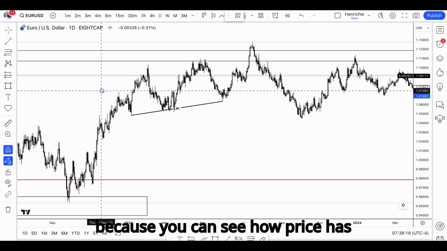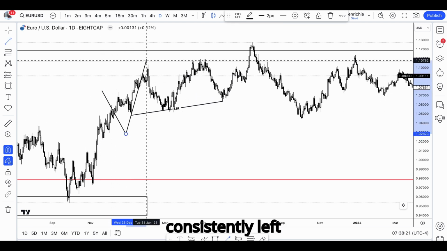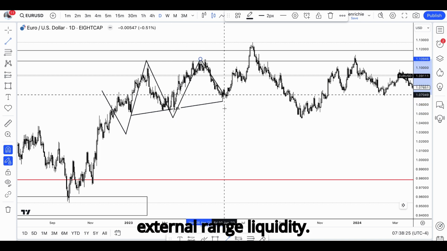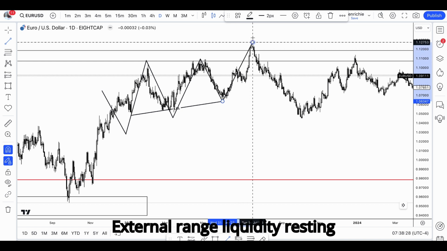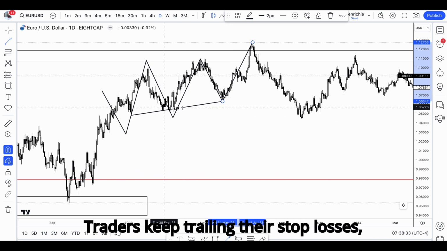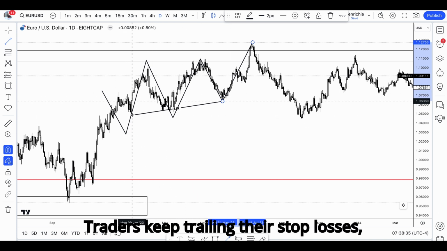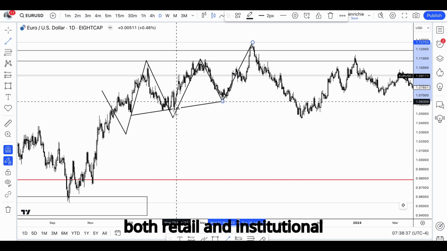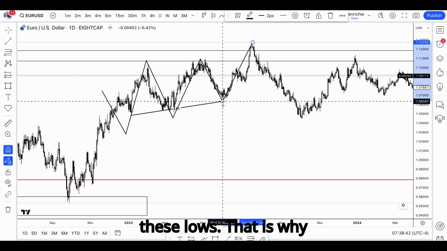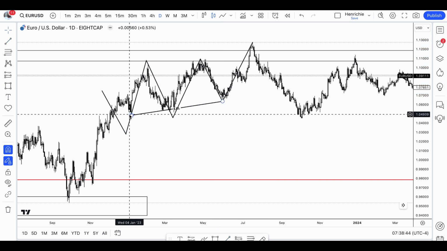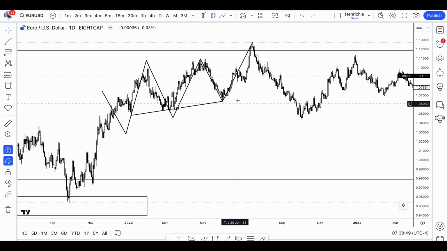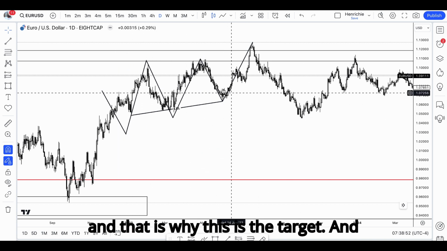The reason is because you can see how price has consistently left external range liquidity resting all through this zone. Traders keep trailing their stop losses, both retail and institutional traders, stop losses being trailed to these lows. That is why this is liquidity inducement, and that is why this is the target.